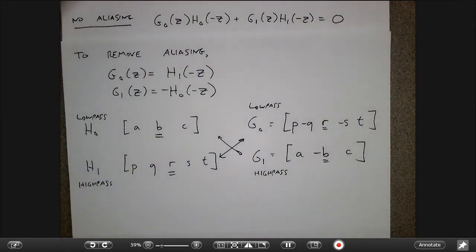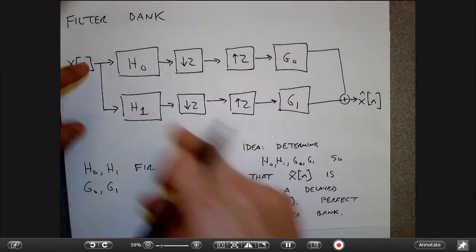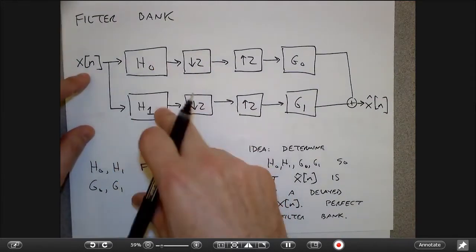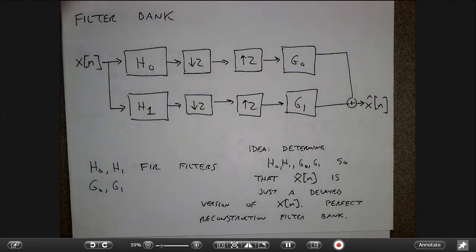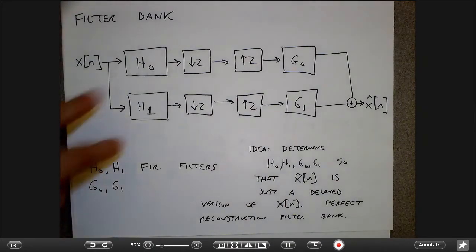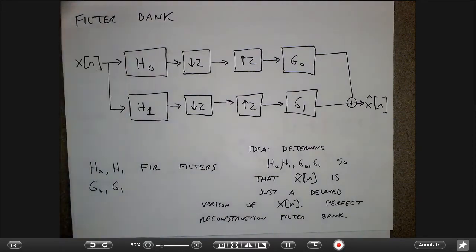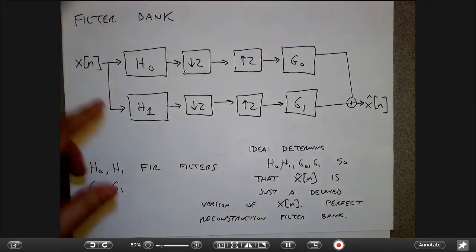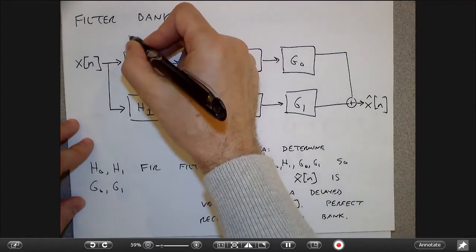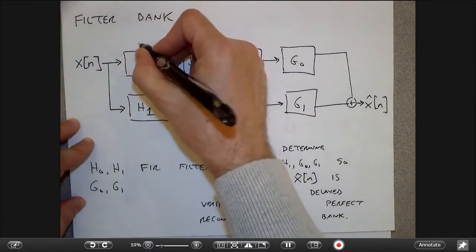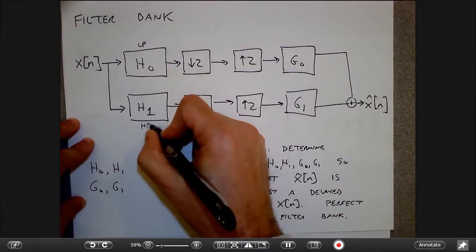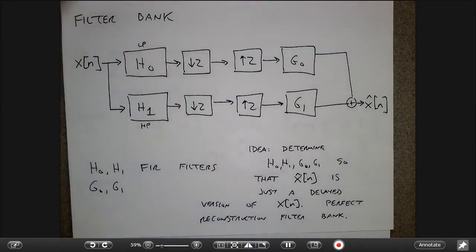In some sense, I should have said this a little earlier, but what we're trying to do here is ask what's the point of passing the signal through two different filters in the first place? Well, I want to separate the frequencies into different bands, right? It wouldn't make a lot of sense if both of these filters covered the same frequency band. Generally I want a low-pass version of the signal here and a high-pass version of the signal here. That gives me some sense of what's happening at low frequency and what's happening at high frequency.